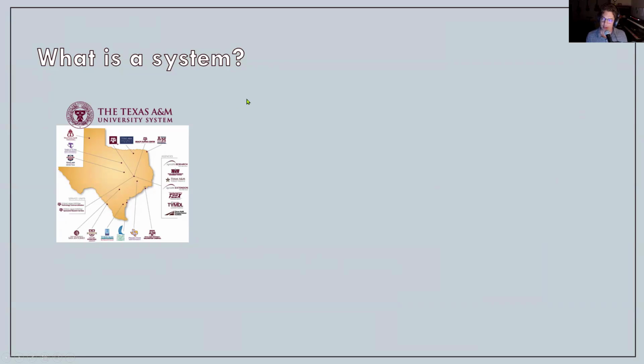A system is any collection of multiple entities that work together towards some holistic outcome. We are in a university, an educational and research system. The Texas A&M University system, that's why they call it TAMUS, right?